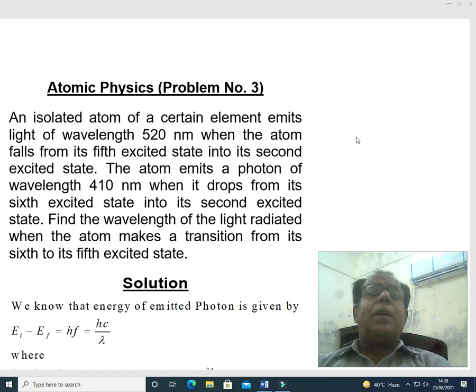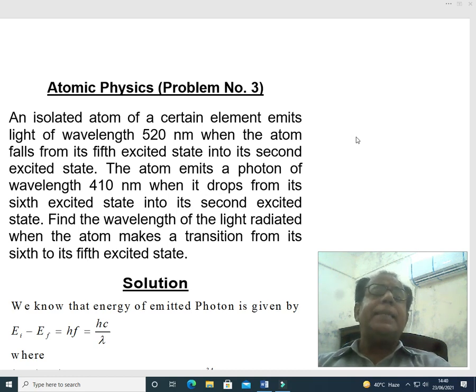When the atom falls from its fifth excited state into its second excited state, that is from E5 to E2, the atom emits a photon of wavelength 410 nanometer when it drops from its sixth excited state into its second excited state.